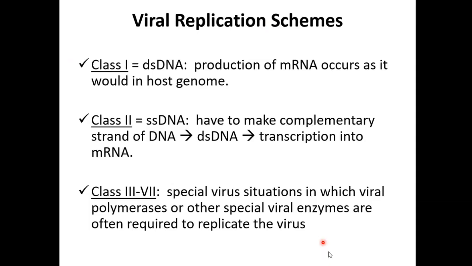This is just what we explained since the start. Class 1, double strand, they immediately produce messenger RNA in host genome, as the host genome does. Class 2 have to make the complement in the transcription into messenger RNA. Class 3 and 7, in which viral polymerase or other special viral enzymes are often required to replicate the viruses.